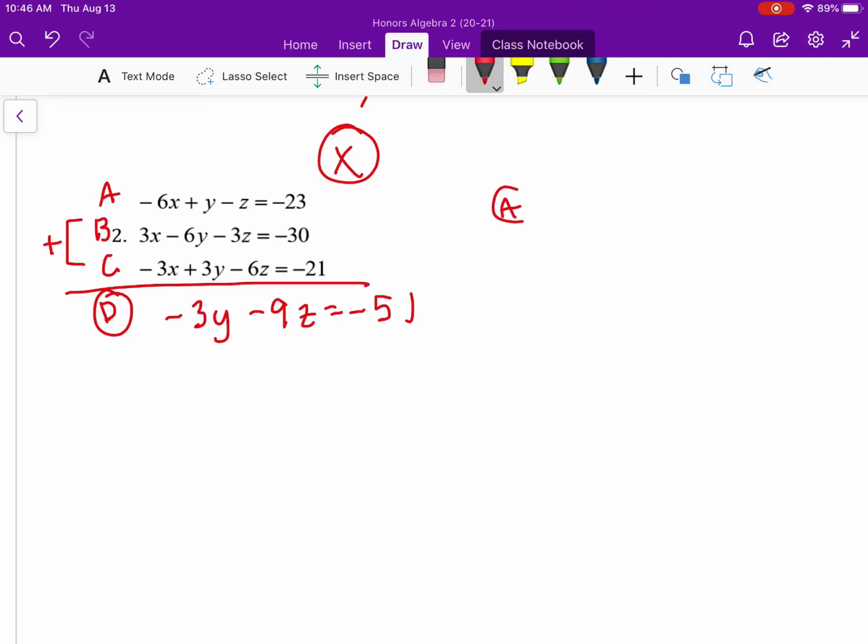And then I could take A, -6x plus y minus z equals -23. And if I double B, I'll have positive 6x.